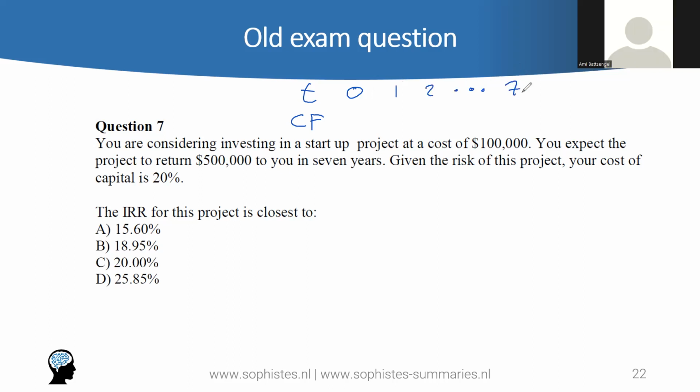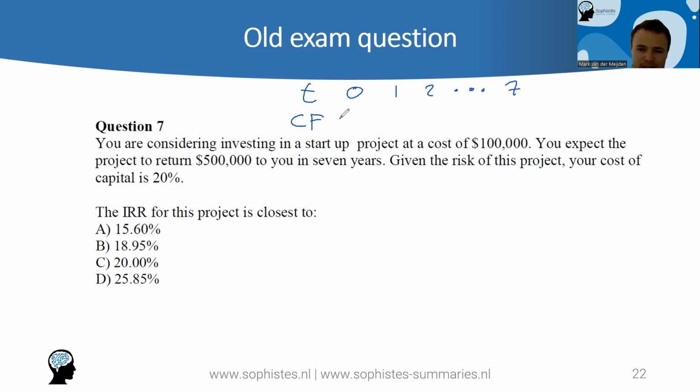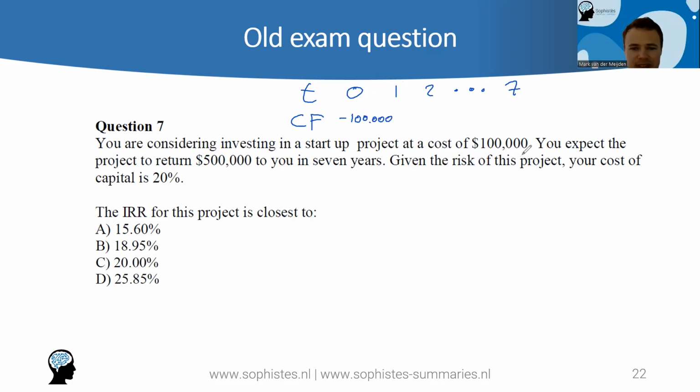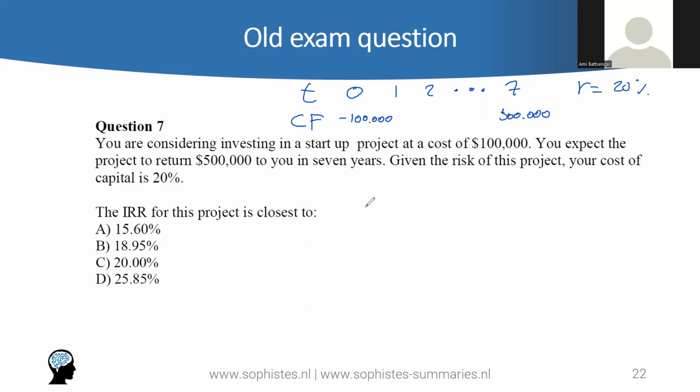Negative 100,000. At which moment? 0. Year 0. Very good. Year 7, positive 500,000. Yes. And the cost of capital is 20%, right? So how do I start now? This is correct.